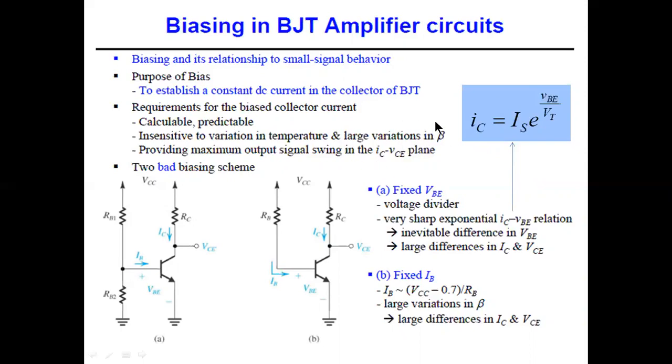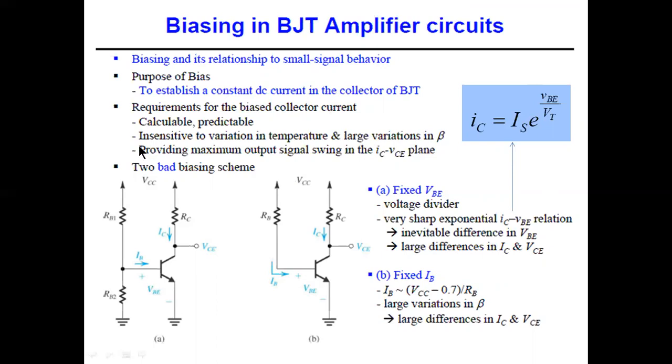Also, if there is device replacement, which will provide large variation in beta, because the beta value will be anywhere between 50 to 200, even though there are variations in beta, the DC collector current should remain constant.